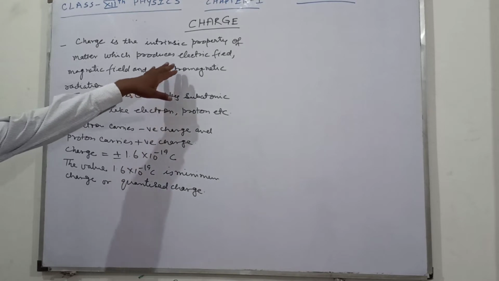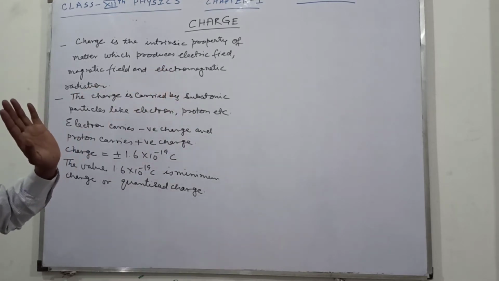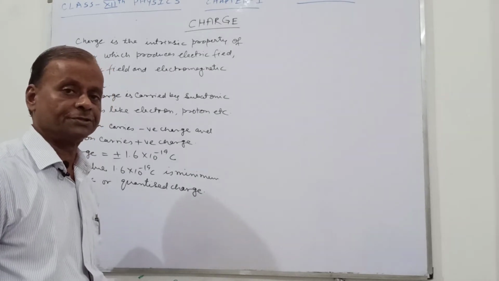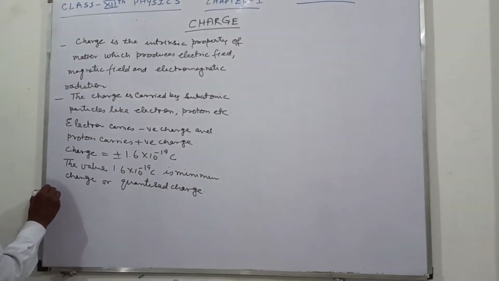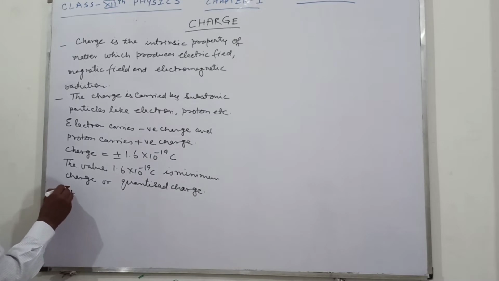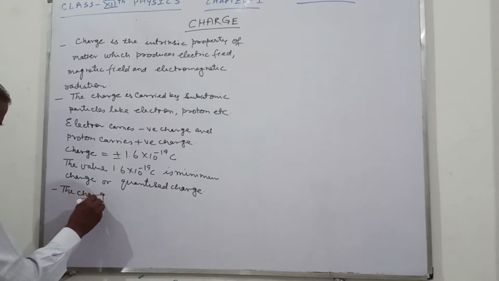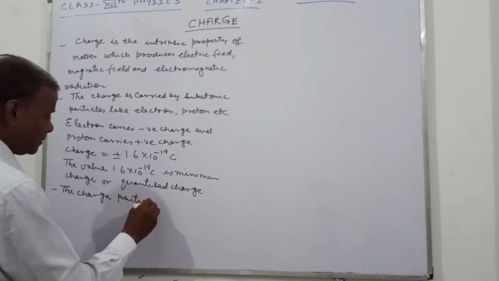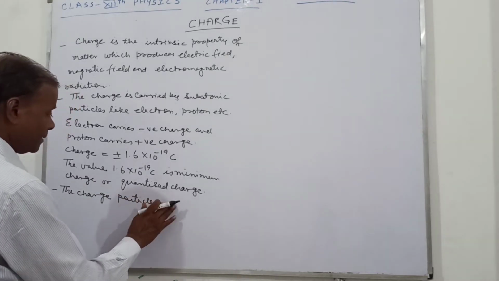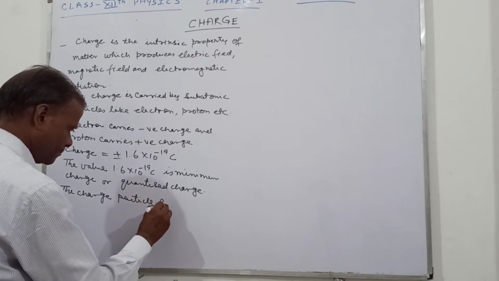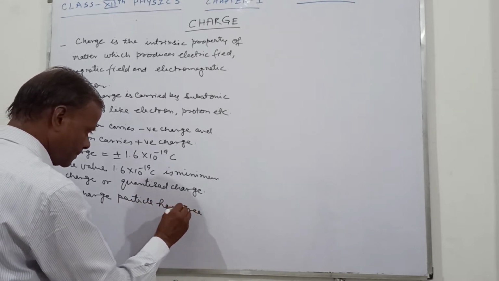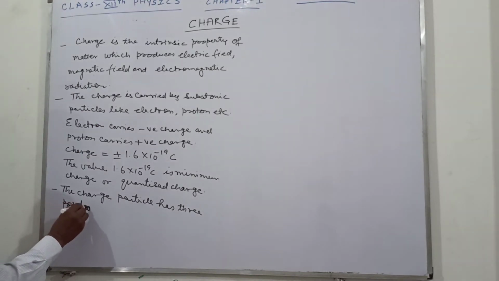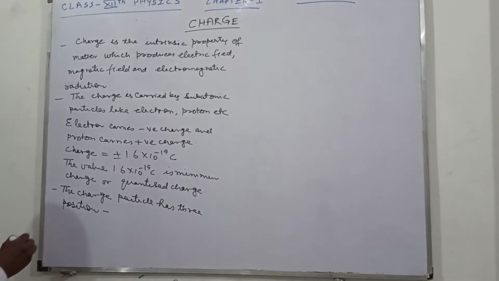Now we'll talk about the electric field, magnetic field and electromagnetic radiation. So a charged particle may have three positions. Which ones?